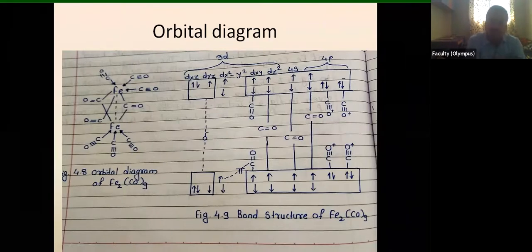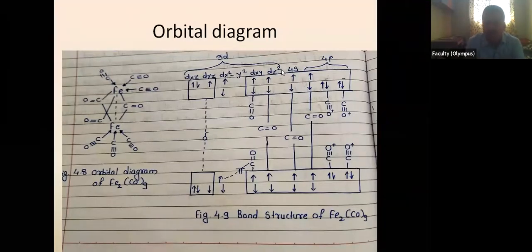So in this complex, the Fe atom undergoes d2sp3 hybridization. In a normal hybridization, what happens? The dx square y square and dz square take part in hybridization, and dxy, dyz and dxz are called non-bonding orbitals in the concept of molecular orbital theory.